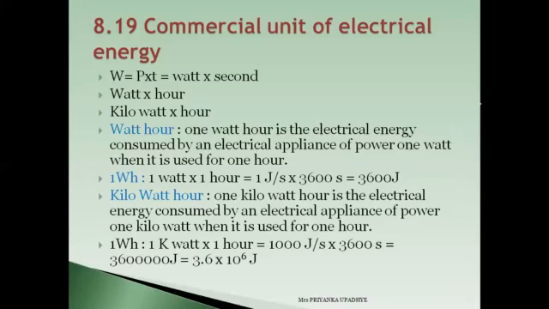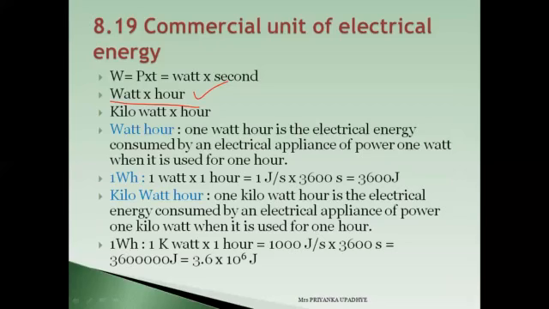So what is 1 watt hour? 1 watt hour is the electrical energy consumed by an electrical appliance, whatever the appliance may be, mixer, geyser, heater, of power 1 watt when it is used for 1 hour.